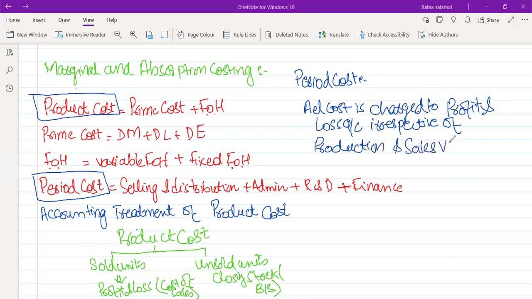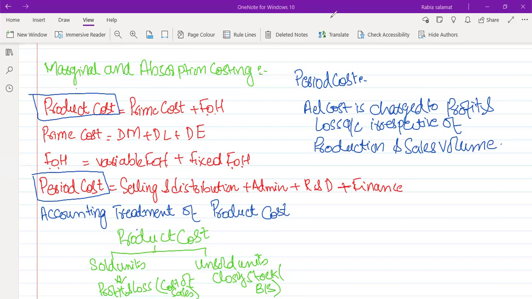What is your production? What is your sales volume? It doesn't matter. All cost is charged to the profit and loss account irrespective of production or sales volume. So this is a very important concept which relates to marginal and absorption costing.